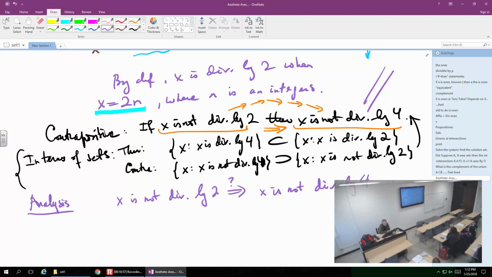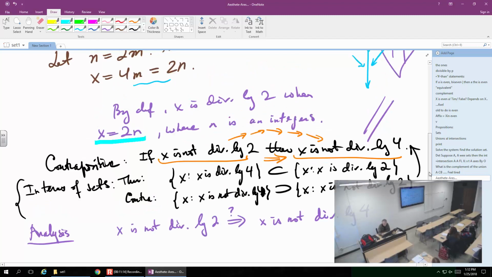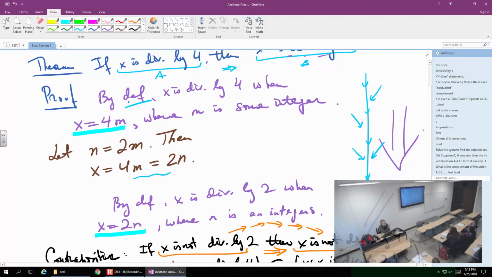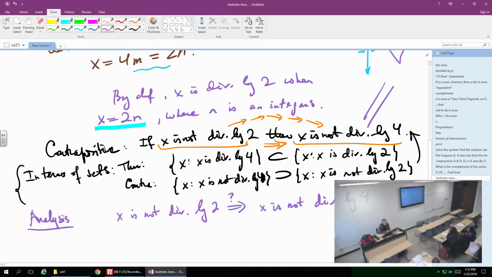So, not divisible by 2. How else can you say it? Well, what is divisible by 2? We already know what it is. Divisible by 2 means that it's a multiple of 2.